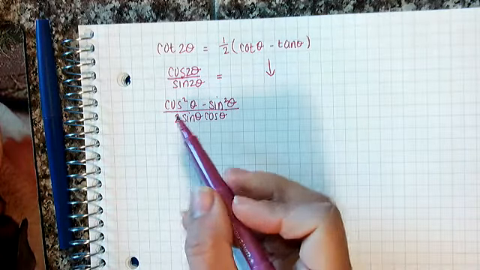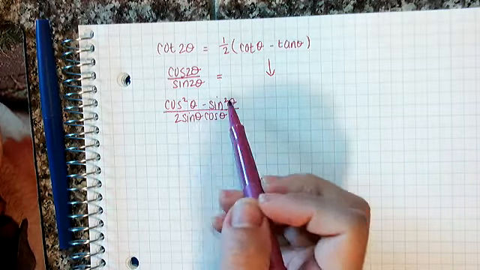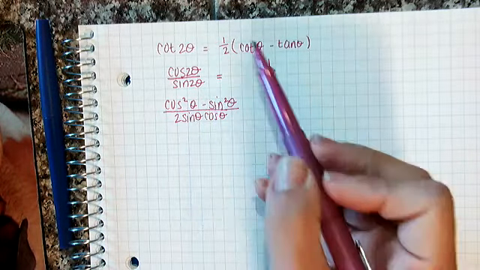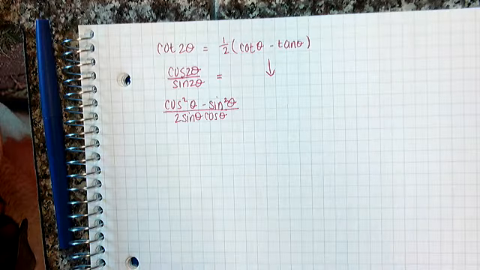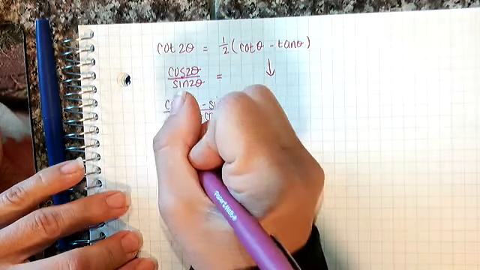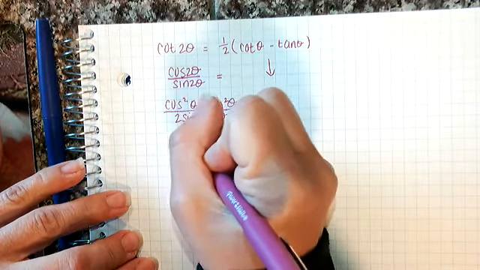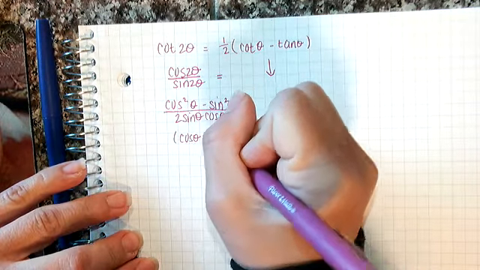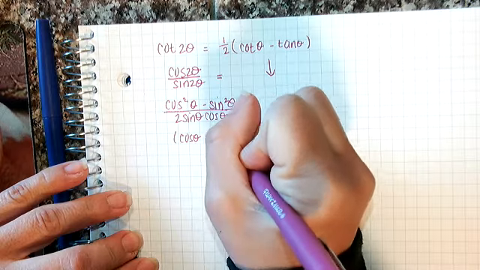The reason I chose this one is because I've got 2 different functions in the numerator and I have 2 different functions in the denominator. So this is going to be cosine plus sine, cosine minus sine. I'm not sure that I'm going to be able to get this to work. It's difference of 2 squares.